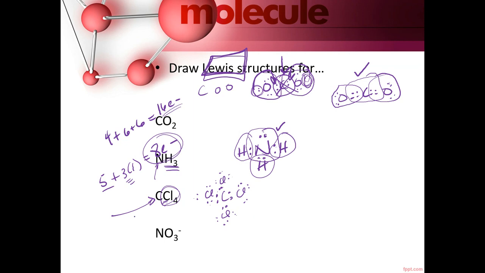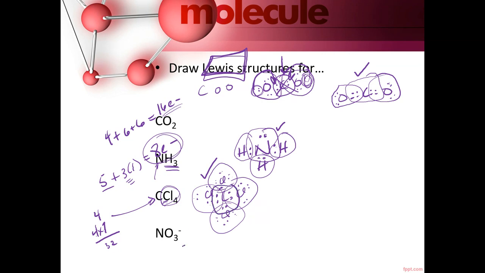Let's make sure that's actually how many electrons we're allowed to have. Carbon has 4. Each of those chlorines has 7. 7 times 4 is 28, plus 4 is 32. We did it. Octet rule achieved on every atom.